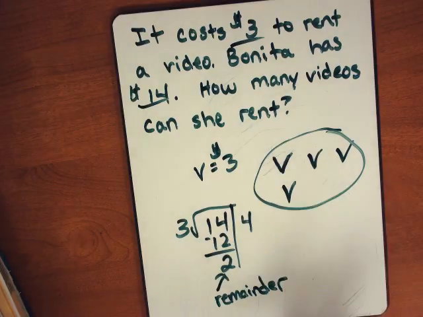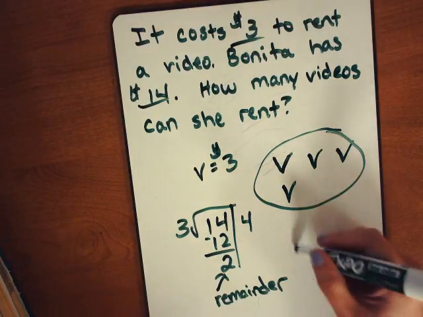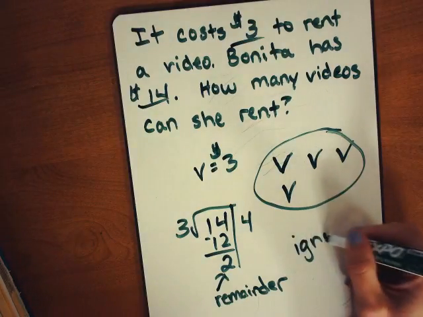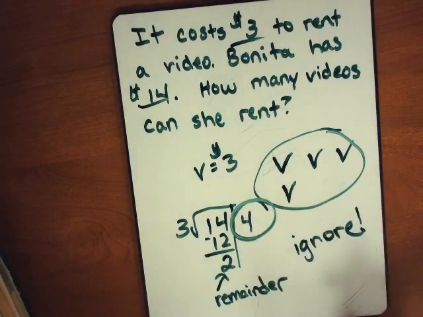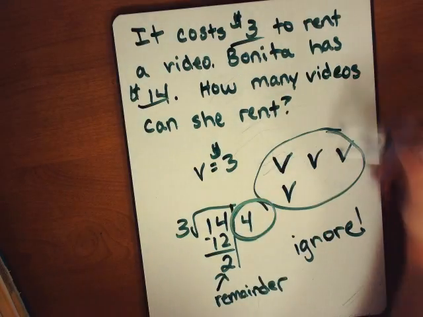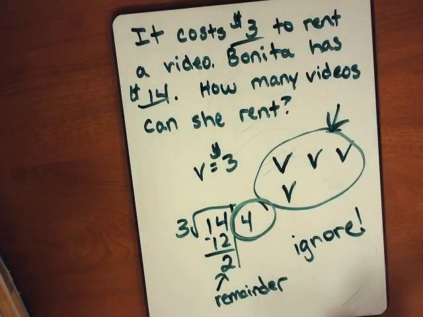You can get 4 total videos, and I've got $2 left over. Well, in this case, I can't buy an additional video with $2. The store's probably not going to sell me half a video, so in this case, I'm going to ignore my remainder, and I go with my quotient of 4 total videos right here.